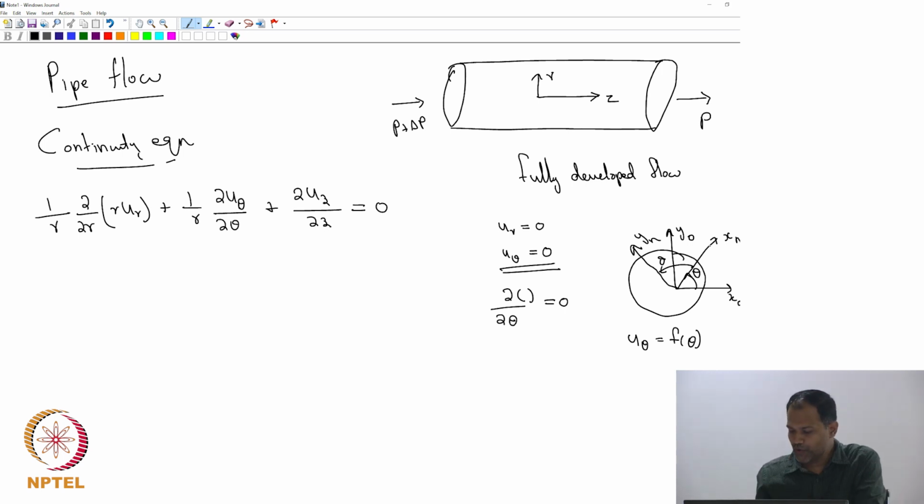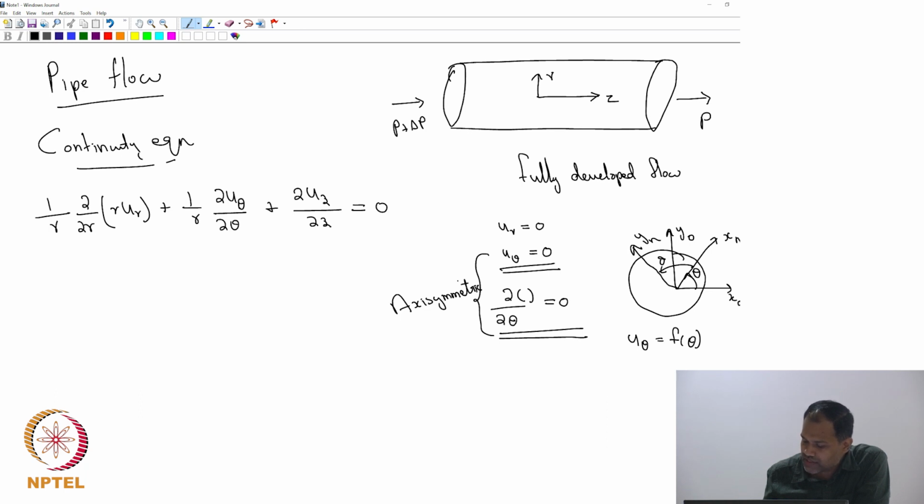So you are going to assume that del by del theta of anything is also going to be 0. These two assumptions are known as axisymmetric. So we are essentially assuming that flow is axisymmetric, meaning that around the z axis, flow is symmetric.